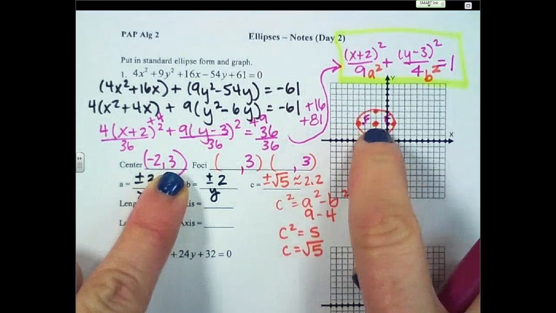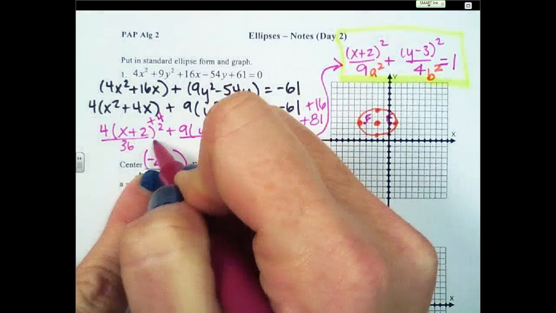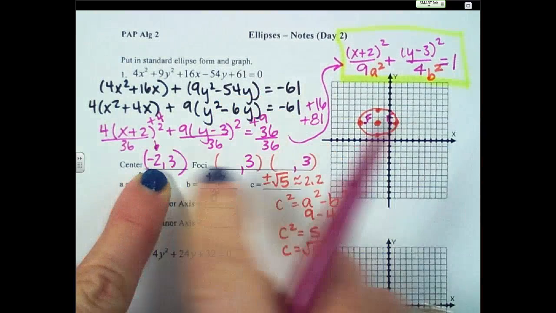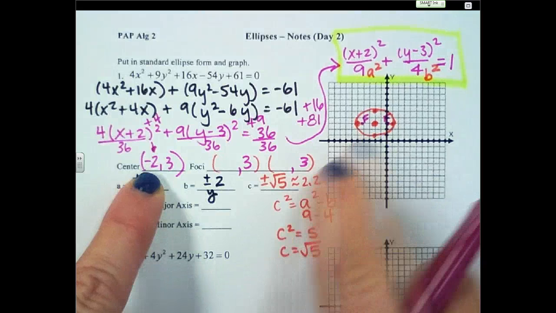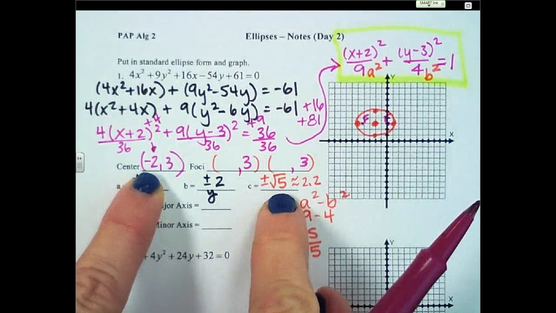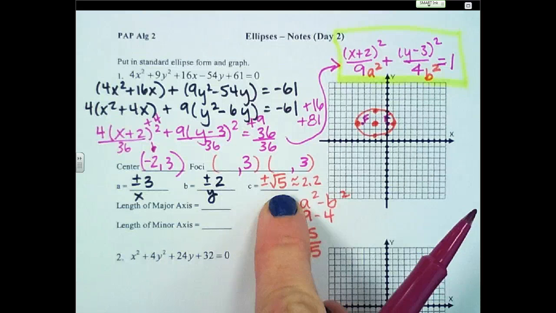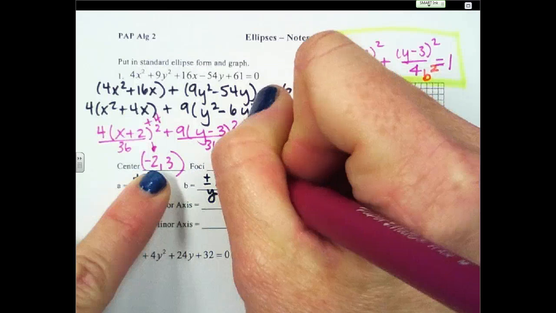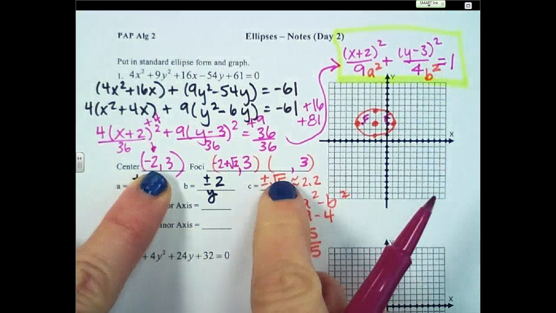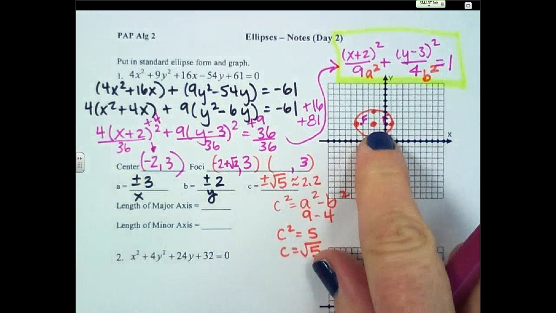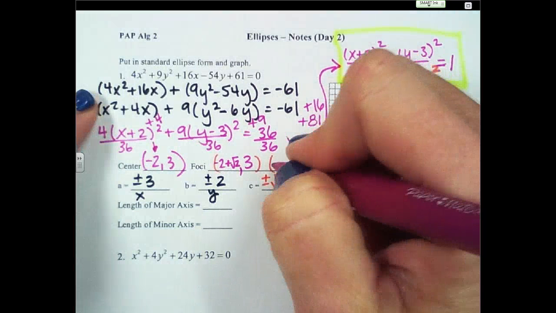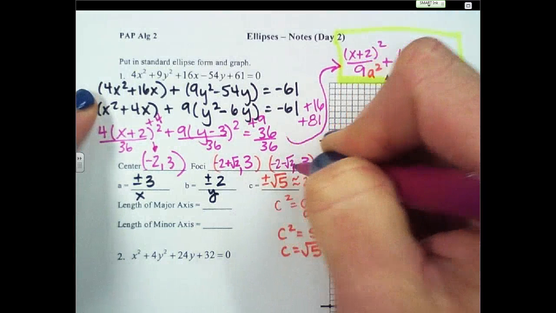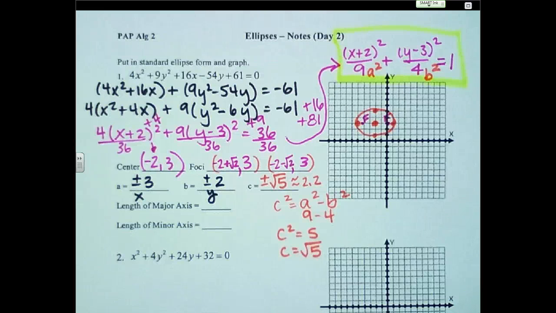So for example, where was I originally? At negative 2. I was at negative 2 and then I went to the right root 5, didn't I? I slid to the right 2.2. So that means I want to be negative 2 plus root 5. Then I was at negative 2 and I slid to the left root 5, which would be negative 2 minus root 5. You'll notice you can't put those together. You're going to have to leave them. You can't combine them and have the exact answer, right?